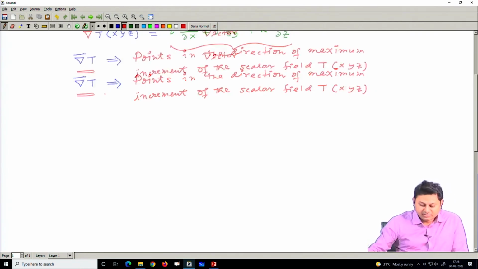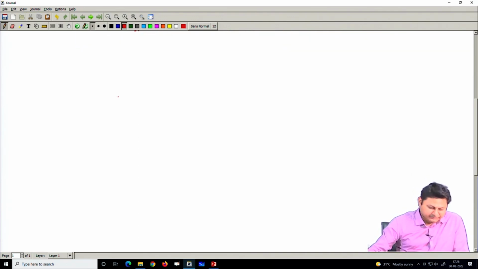That basically gives us the direction along which it is changing in the maximum way.